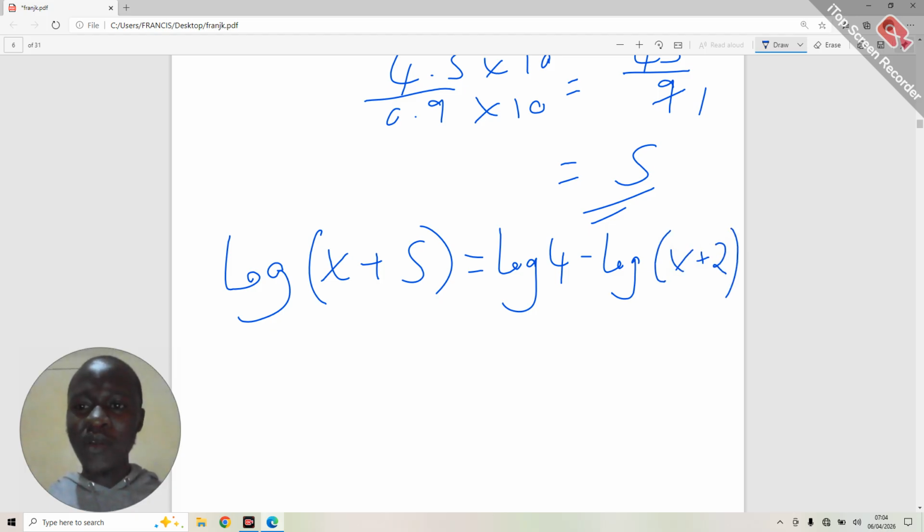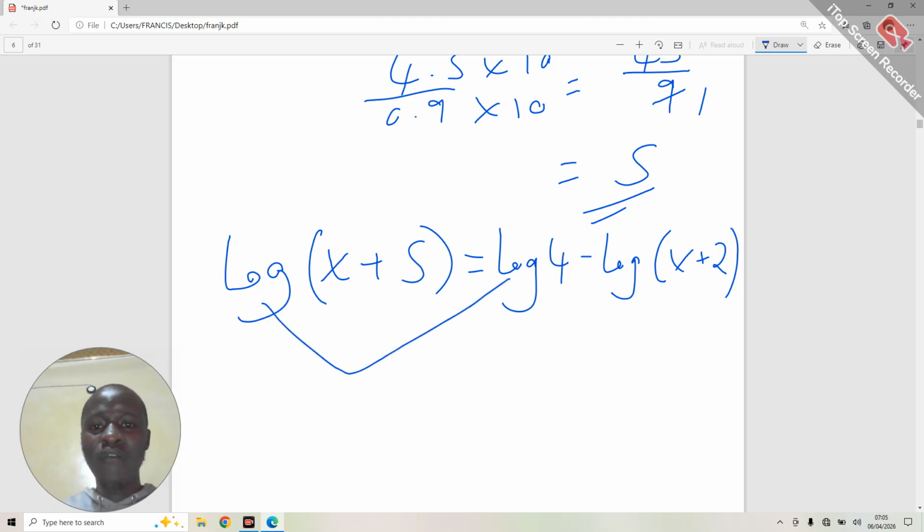If you look at this question very well, you will realize there's a flow and nothing is missing at all. And this type of question is very much easier because you will realize that after this we have log, after this we have log. So this is a very much easier question to tackle, very much direct.